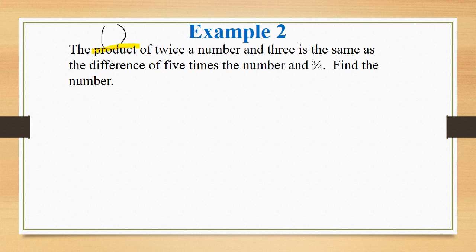All right, so the product of twice the number and 3, so we have twice a number and 3. That shows that it's a product because this is 2x times 3. Can we see that? So my product is the same as, and what does the same as mean?